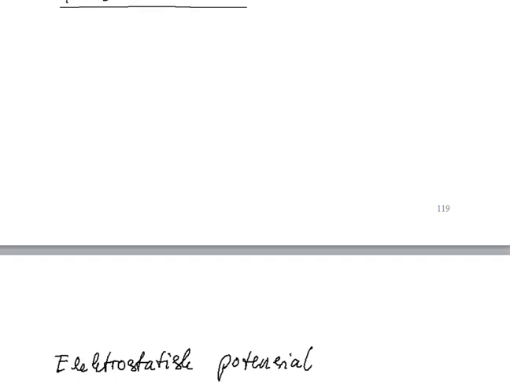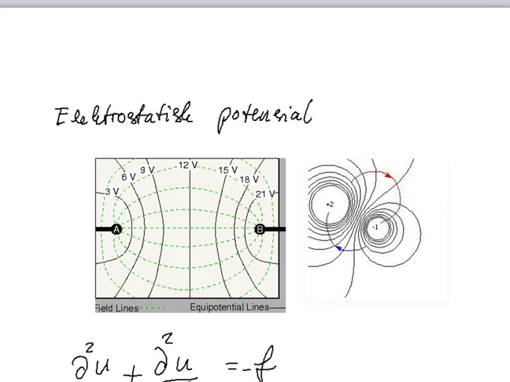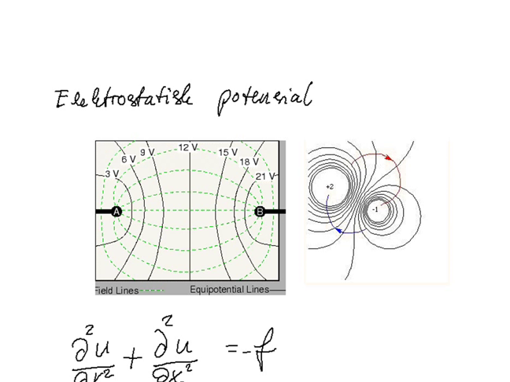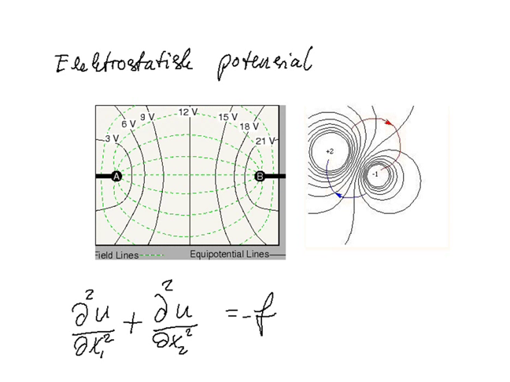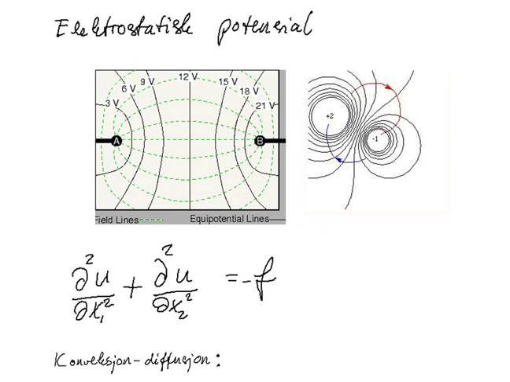We are now turning to some other examples of partial differential equations of the same type as the Poisson equation. Same type in the sense that they are called elliptic equations. At least this equation is an elliptic equation.